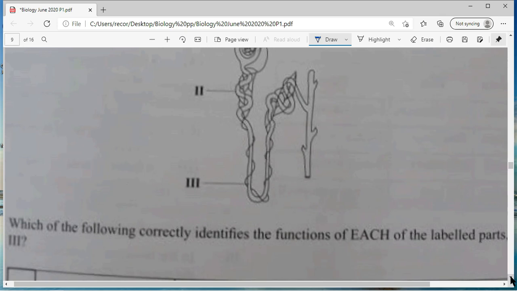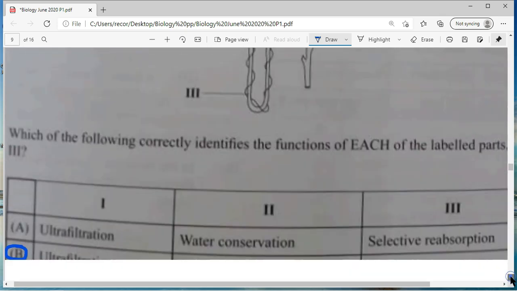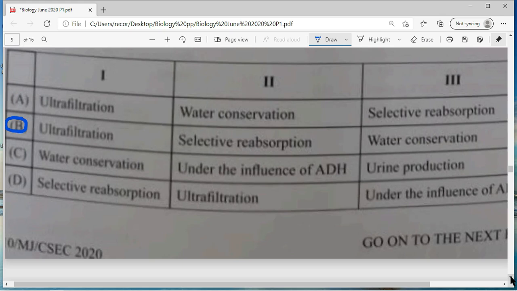Now which of the following correctly identifies a function of each? Now B here is going to be our answer: ultrafiltration, selective reabsorption, and of course water conservation. So B is our answer for this particular question.